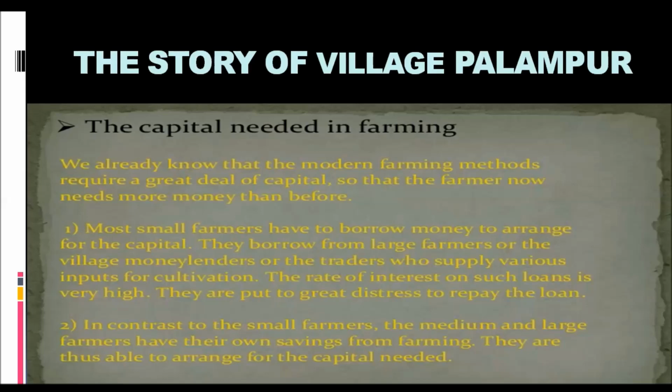The rate of interest on such loans is very high. They are put to great distress to repay the loan. In contrast to the small farmers, the medium and large farmers have their own savings from farming. They are thus able to arrange for the capital they need for cultivation.